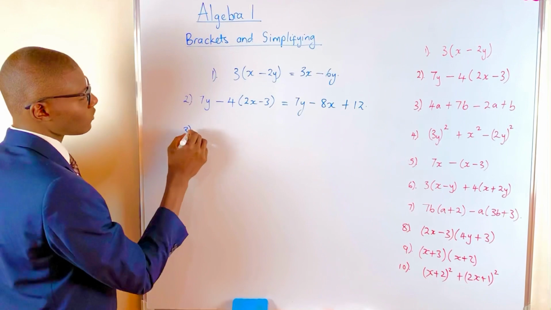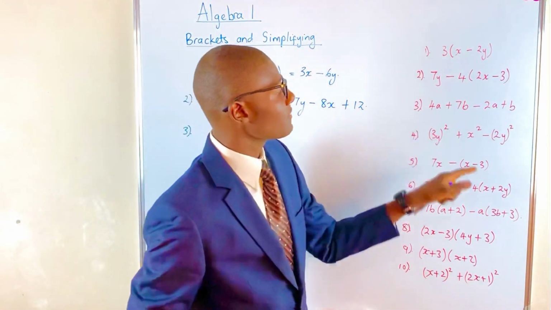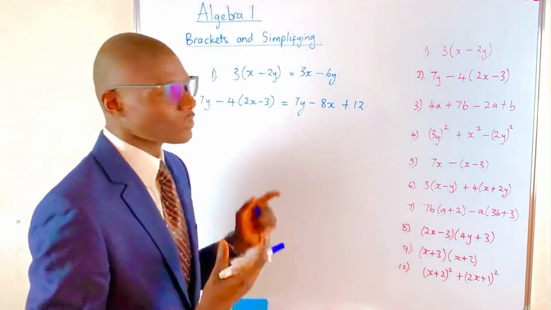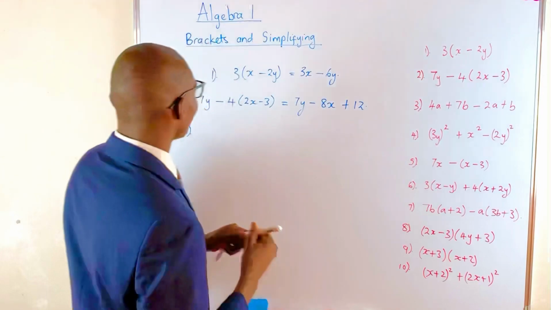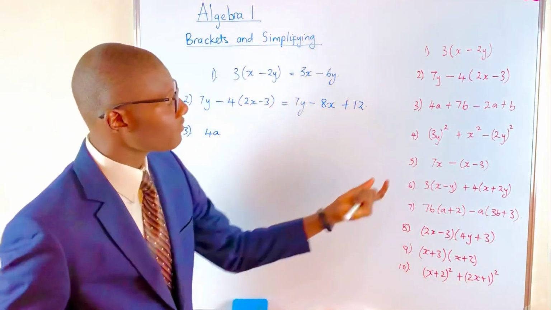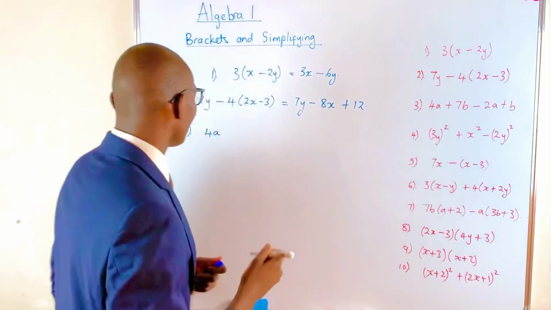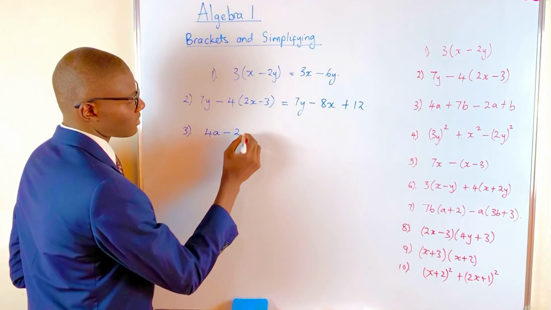Now for the third one, we are saying 4a plus 7b minus 2a plus b. So now we have to group like terms separately. Terms in a, we've got 4a and minus 2a. So 4a minus 2a is 2a.